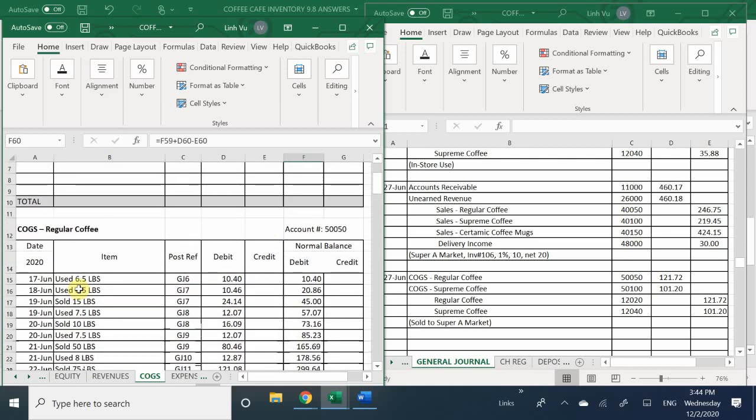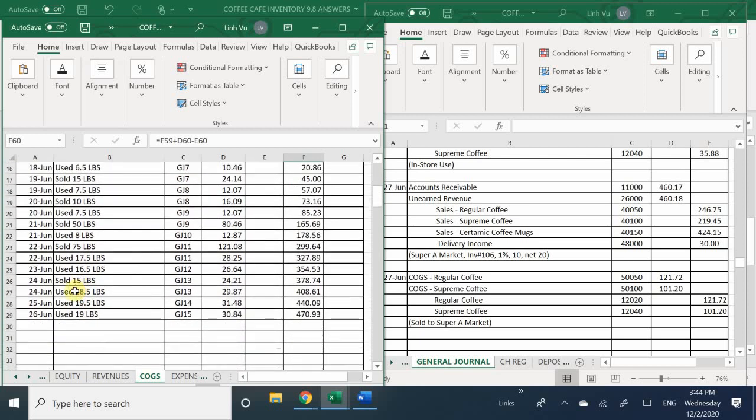All right, so cost of goods sold, regular coffee, and we sold 75 pounds. General Journal 15, and that is for the 121.72, bringing that total to $592.65.